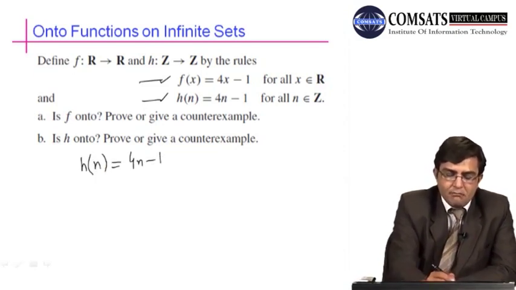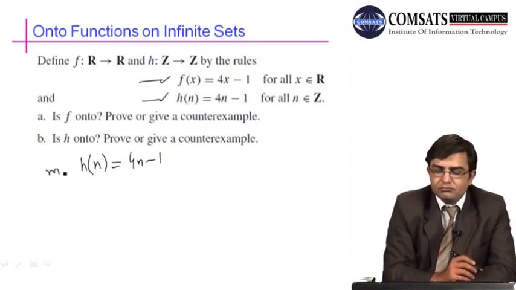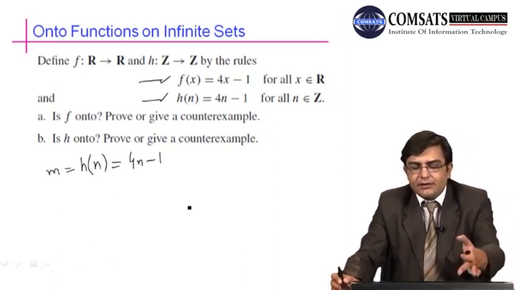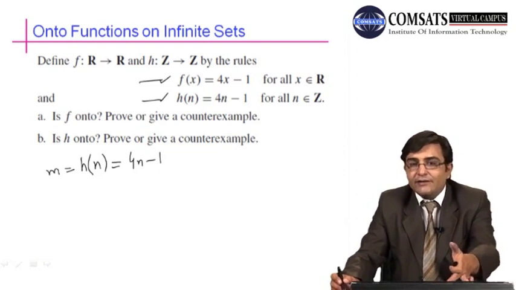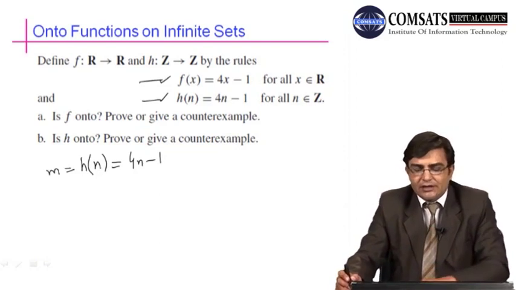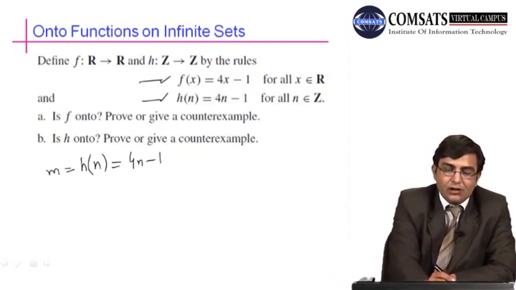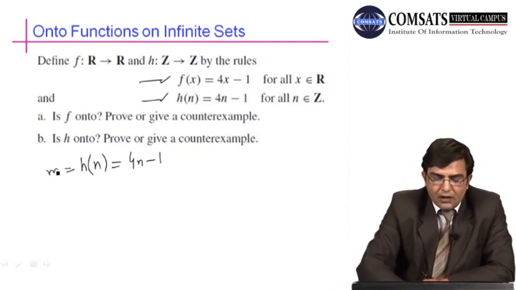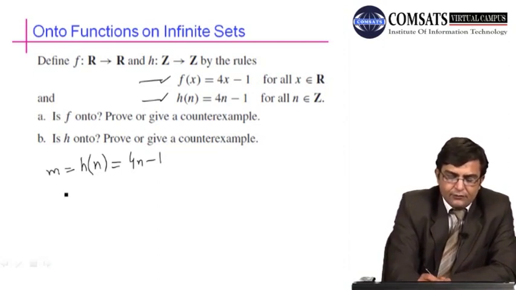We suppose it m, because here we had x and y, f of x equal to y. Here we suppose that m is equal to h of n. Here y plays the role of m. Now m is basically 4n minus 1.